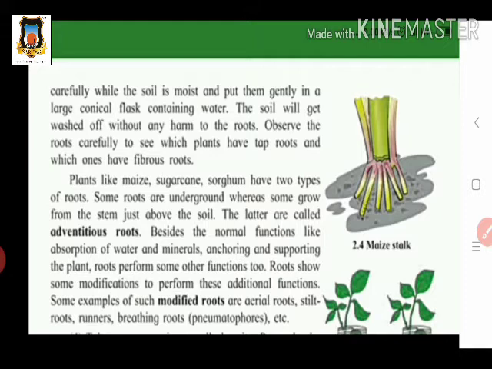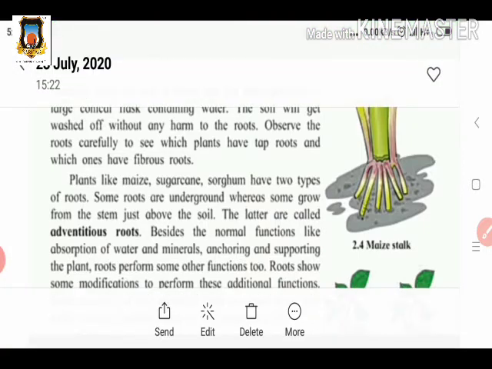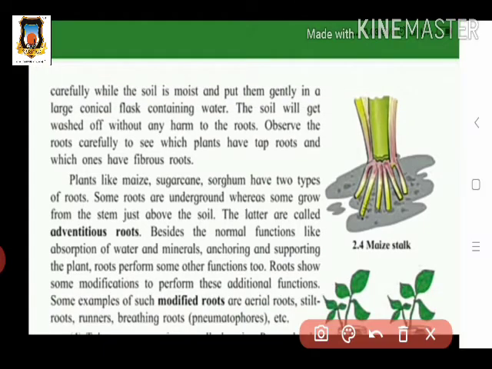This type, which grows on the stem just above the soil, is called adventitious roots. If we see in this image, this maize stalk contains such roots. These are called adventitious roots because they grow on the stem just near the soil.